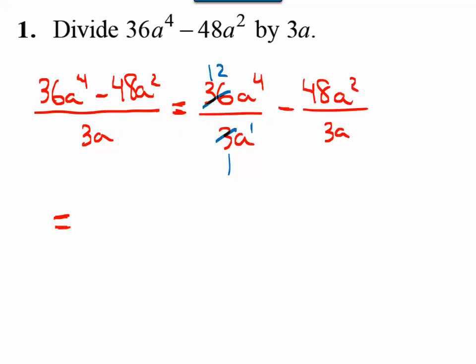Reducing the 3 and the 36 to 12, and 16 for the 3 and the 48. And how about a final answer of 12a to the third minus 16. Everybody go with just a, right? Subtracting the exponents on the a values.